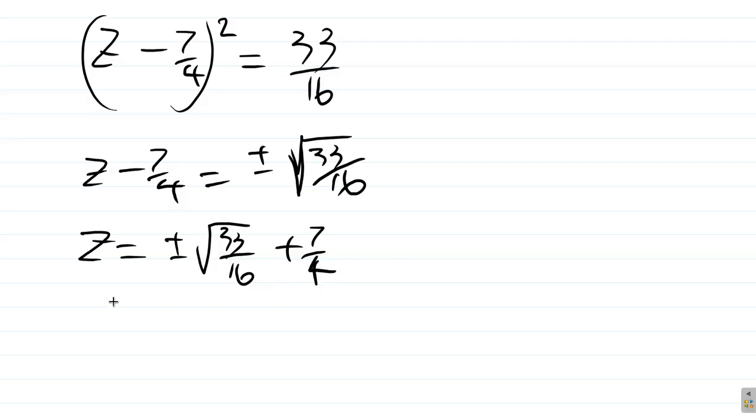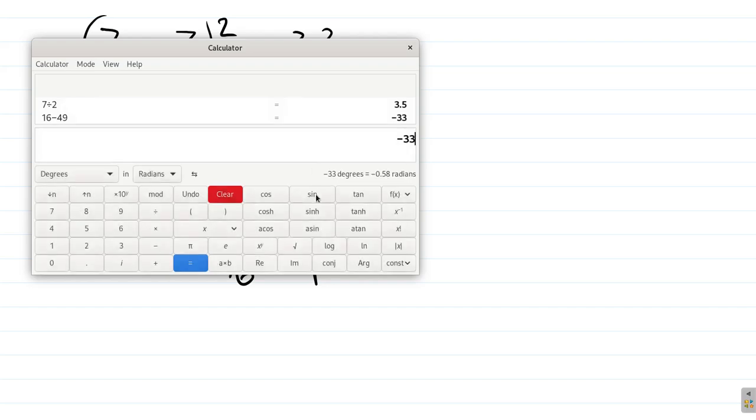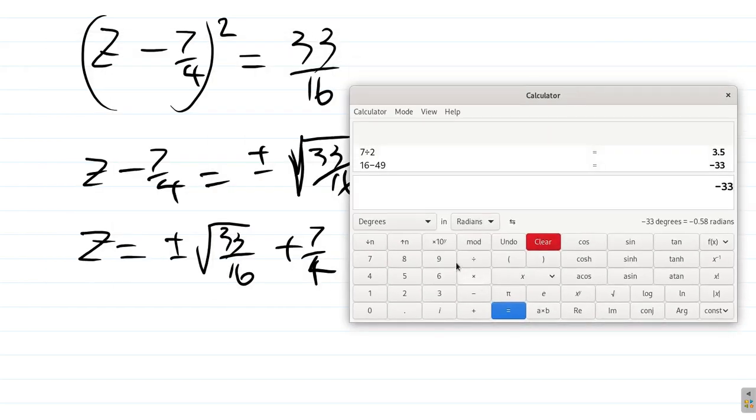Alright. This part, square root of 33 over 16. Let's just get it in decimal form. So you have the square root of 33 over 16 equals 1.436.